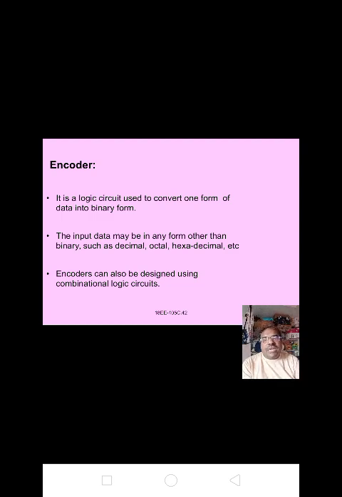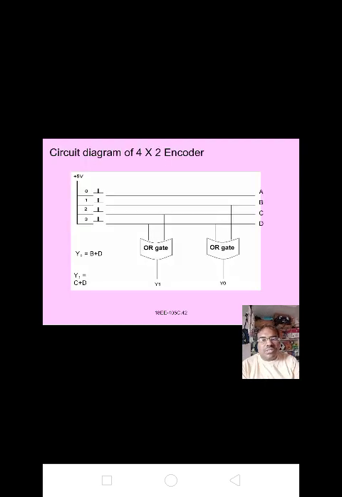The input data may be in any form other than binary, such as decimal, octal, hexadecimal, etc. Encoders can also be designed using combinational logic circuits.